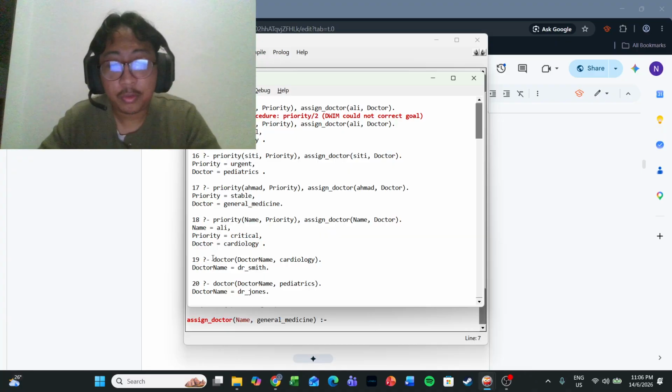So the fifth test case scenario is, instead of finding the priority or what doctor to assign for the specific person, we will instead find the person that is responsible based on the facts that are provided. As you can see, instead of providing the doctor name, we find what the doctor name is based on the facts.